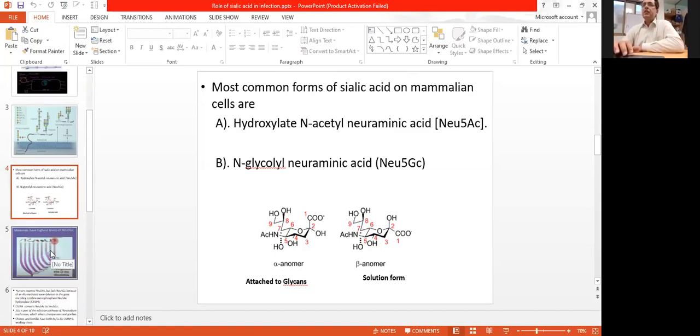But there is a lot of diversity. If you look at the diversity of these sialic acids that have been discovered so far, there are 50 different types of sialic acids which have been described so far.